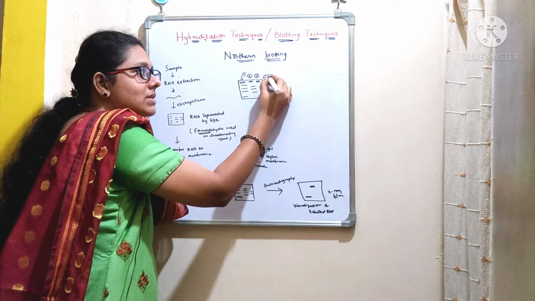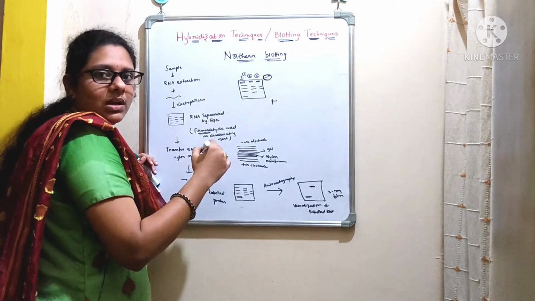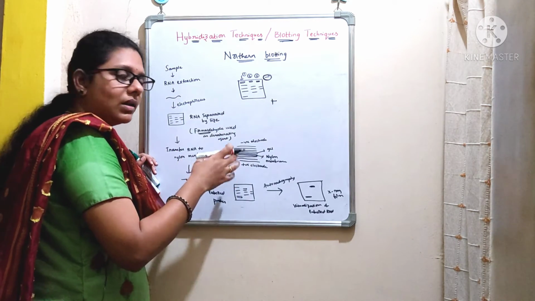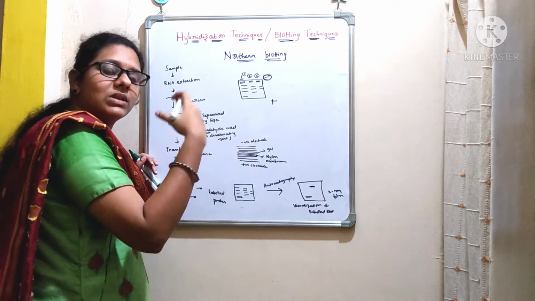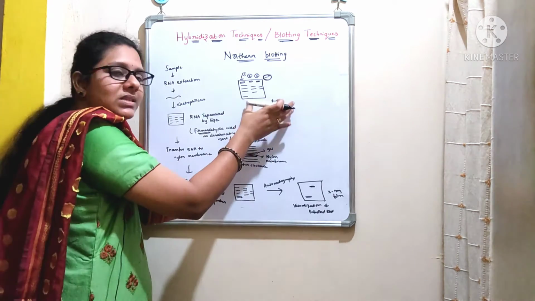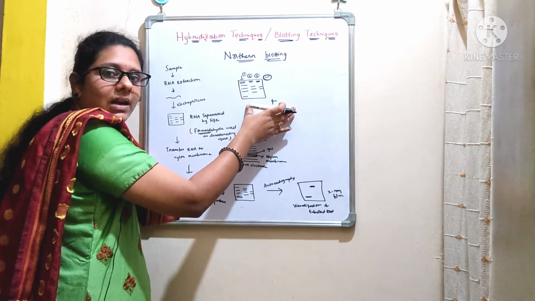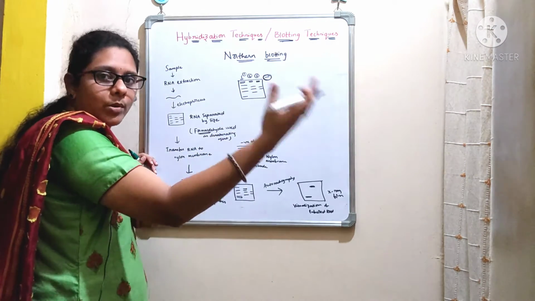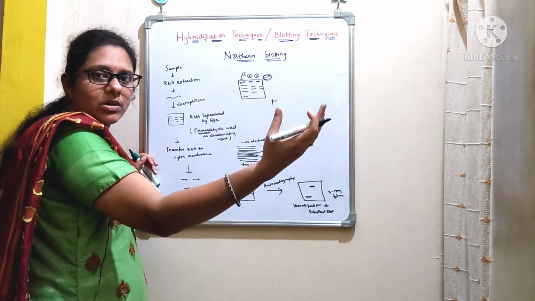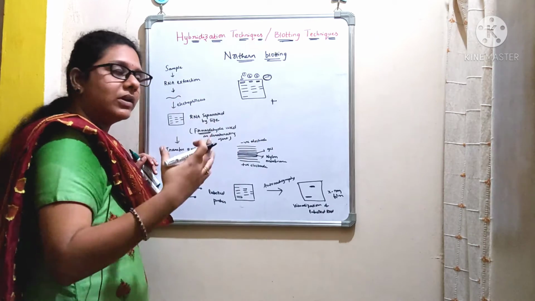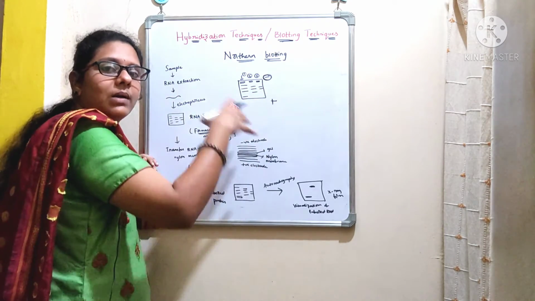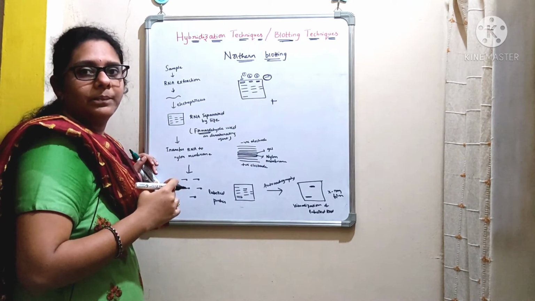The RNA is carrying a negative charge, and in the process of blotting, if we use a nylon membrane which carries the positive charge, these negatively charged RNA will have an affinity towards the opposite charge, that is towards the positive charge. So it will be easy for us to transfer these RNA fragments onto a nylon membrane, right?